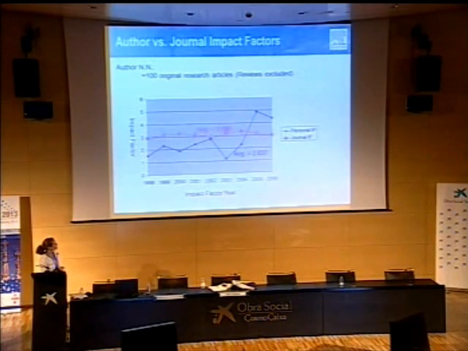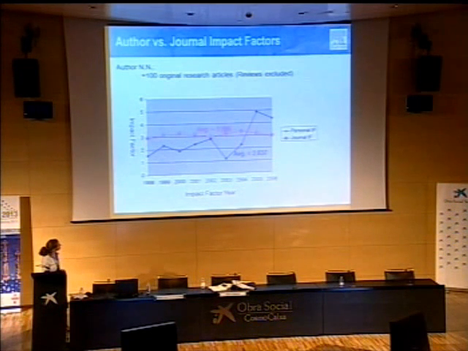And this is just to give you a practical, funny example where we did an analysis of one of the editors that I worked with in the past, and we looked at the impact factor of the journals that he had been publishing in for a couple of years, and then we gave him a personal impact factor by looking at the citations for his own articles.